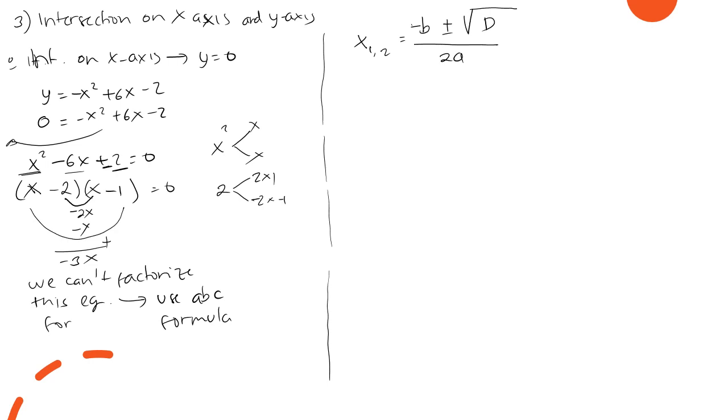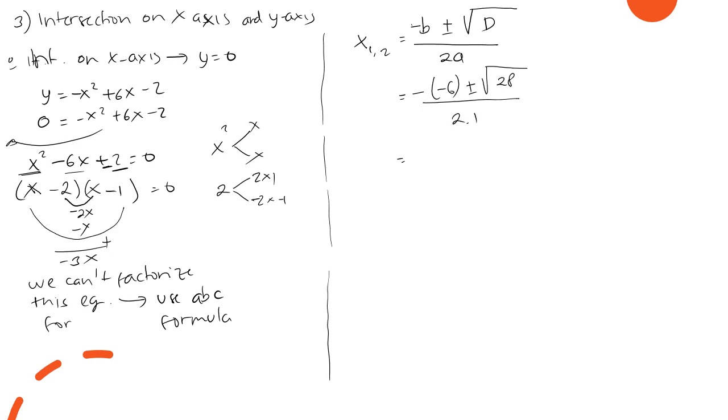So minus b, what is b again? Minus b is minus 6, plus minus the d that we got before, which is 28, over 2 times 1.